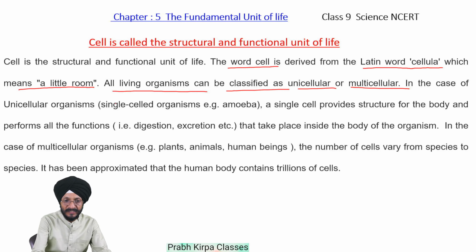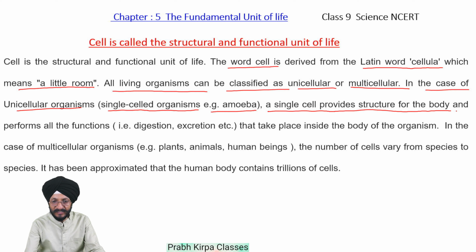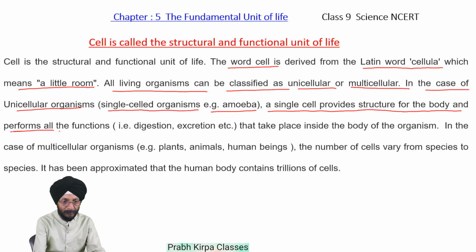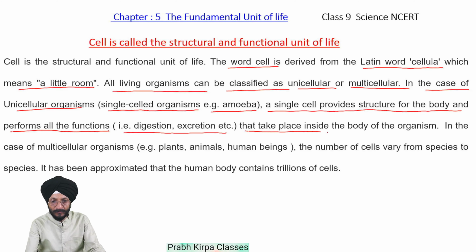Uni means single cell. In case of unicellular organisms, that is single celled organisms, for example amoeba, a single cell provides the structure for the body and performs all the functions, that is digestion, excretion, etc., that take place inside the body of the organism.